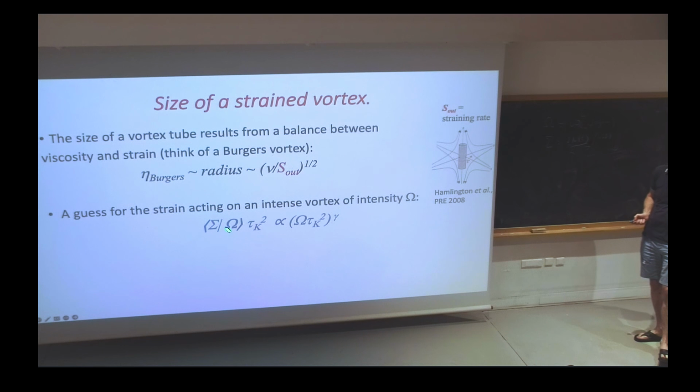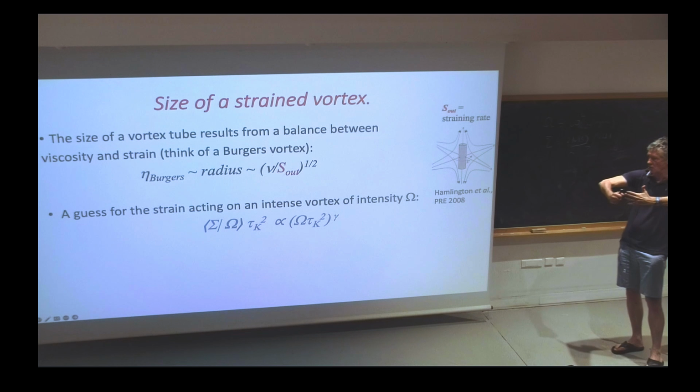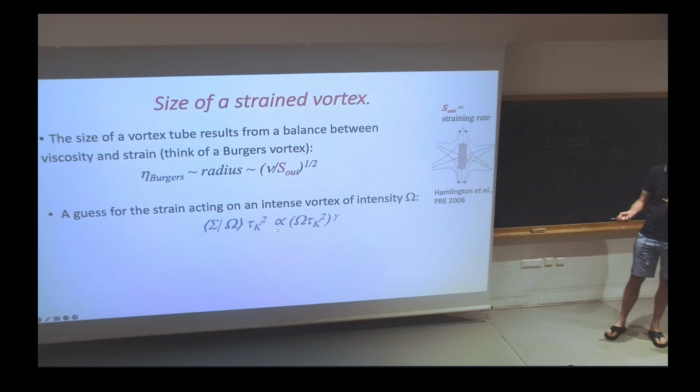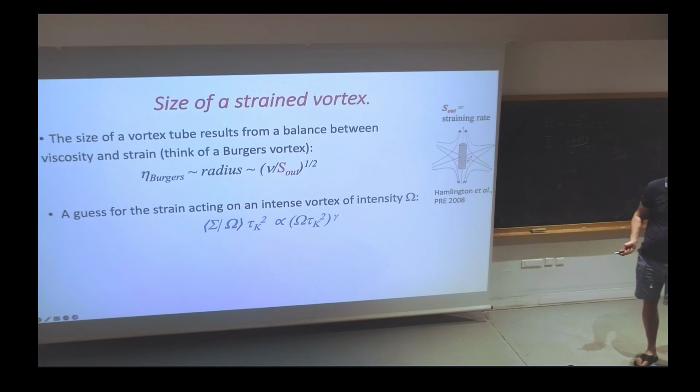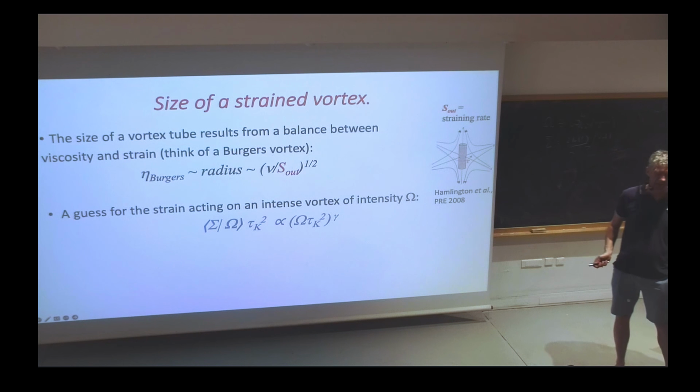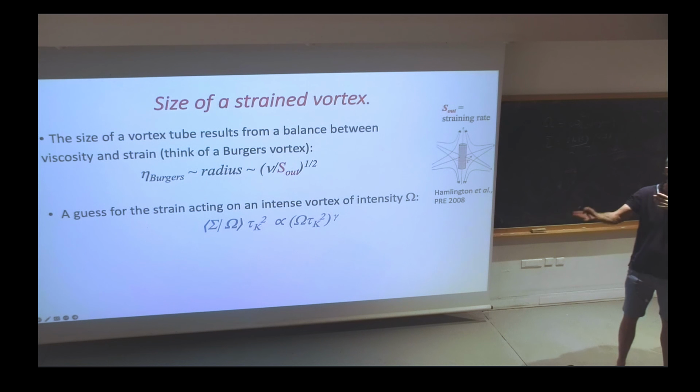But we have this funny observation that the strain, conditioned on some large vorticity, has this sort of functional form. And so what I will pretend effectively is that if I want to calculate the size of a vortex acting in the flow, I'll just use this formula and take the value of sigma given as such. So that's effectively omega squared, the average of, that's a Kolmogorov time, which is 1 over vorticity squared.